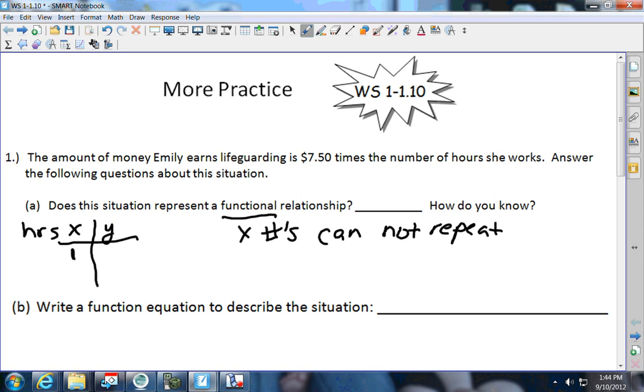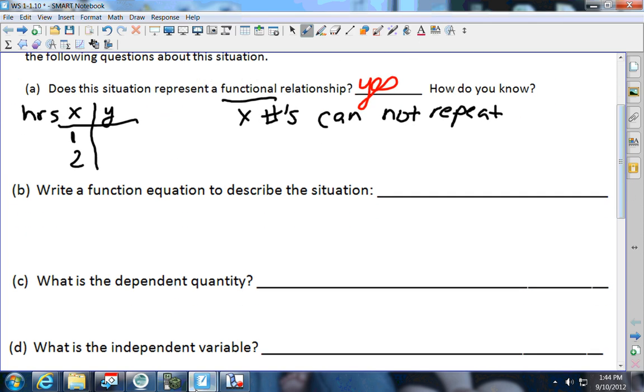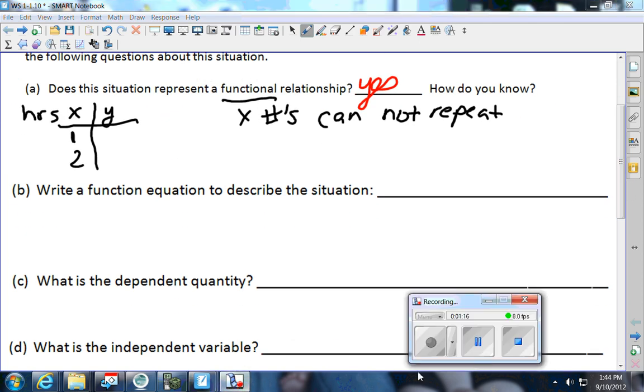So in here I have 1 hour, 2 hours. Can your hours repeat? Can you go back and redo an hour? No. So yes, it is a functional relationship because the x numbers do not repeat. What about these next three questions?